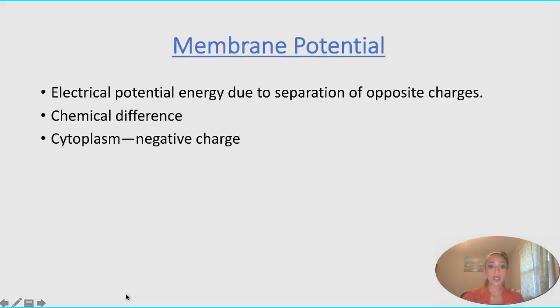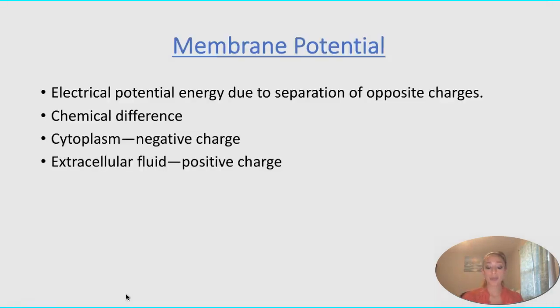So, what is the membrane potential? It is an electrical potential energy due to the separation of opposite charges. Remember, exteriorly we had a positive charge, and interiorly of the cell we had a negative charge. That is what is creating this membrane potential.